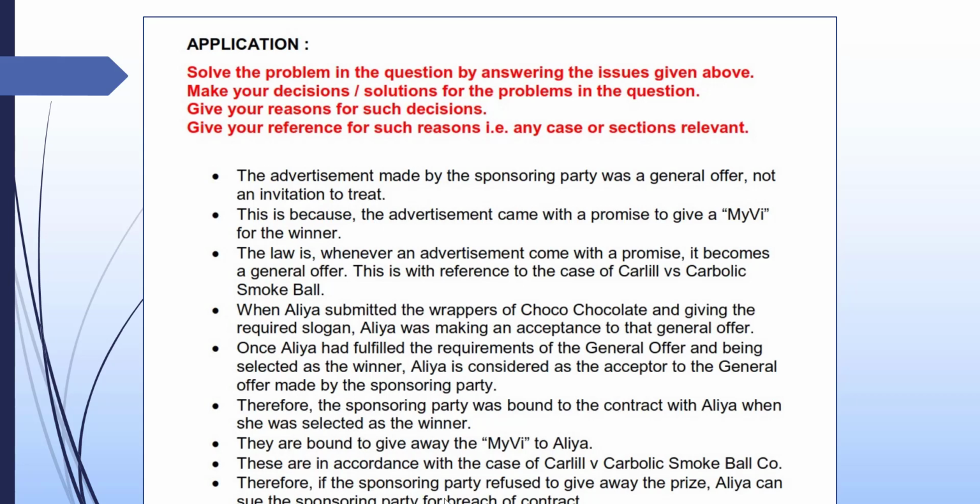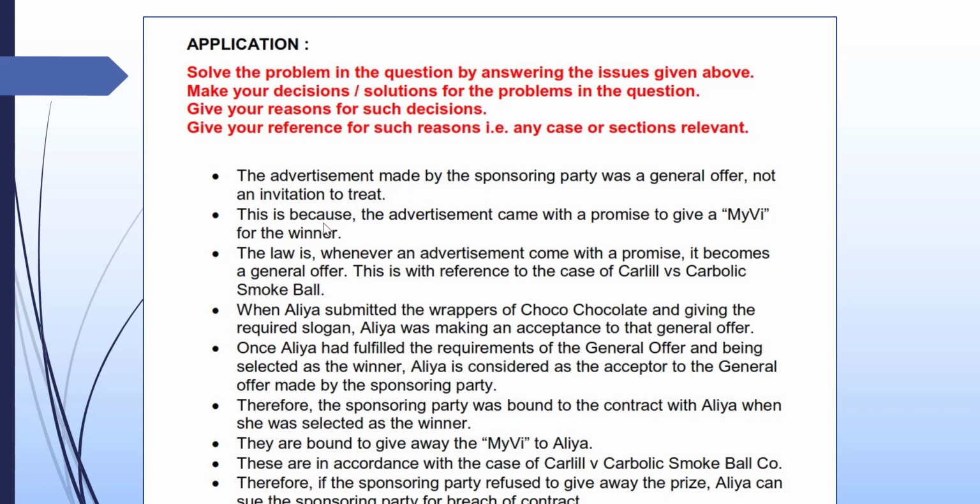Therefore, if the sponsoring party refused to give away the prize to Alia, Alia can sue the sponsoring party for breach of contract because there is already a binding contract between Alia and the sponsoring party. So this is the application where you make the solutions, where you make the decisions for the problems in the question. And then you give the reasons for such decision, legal reasons.